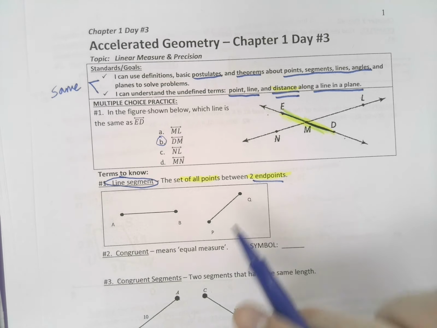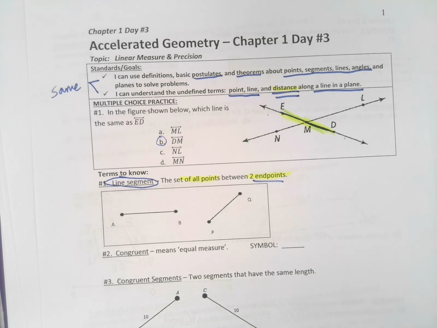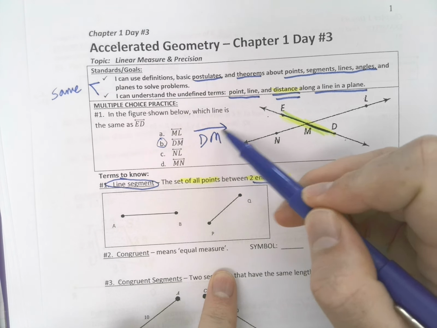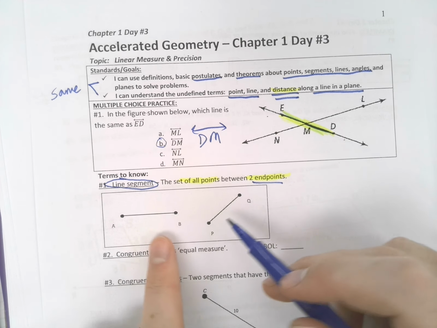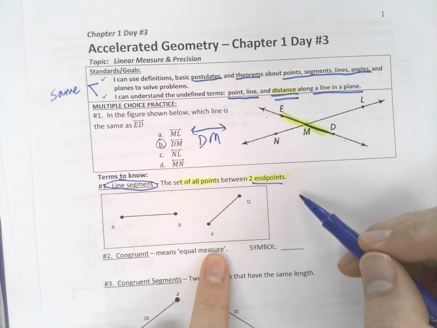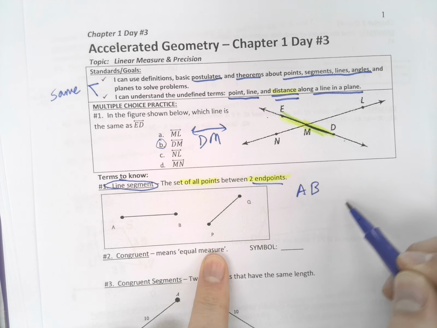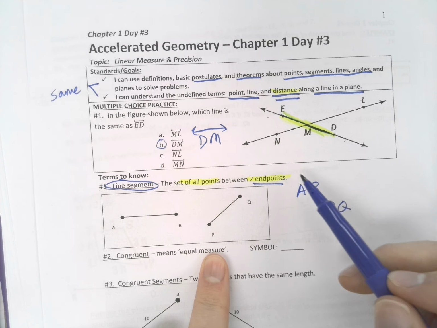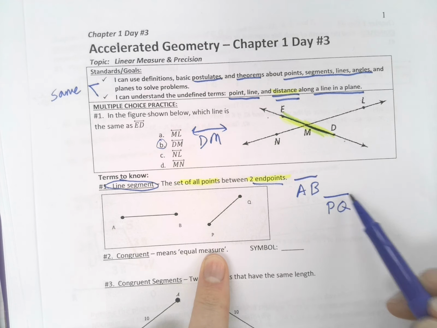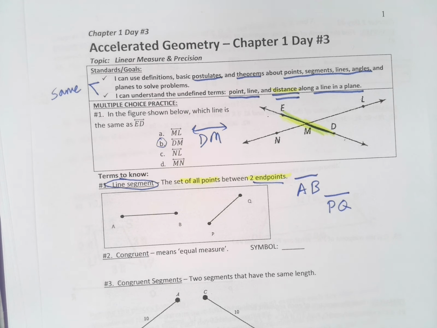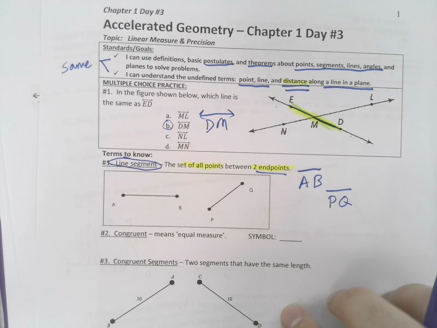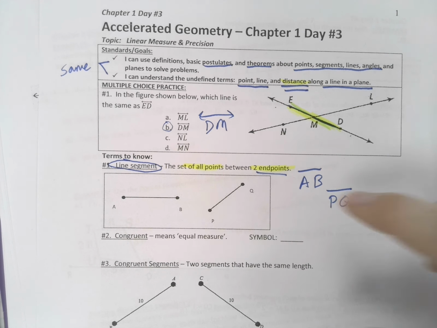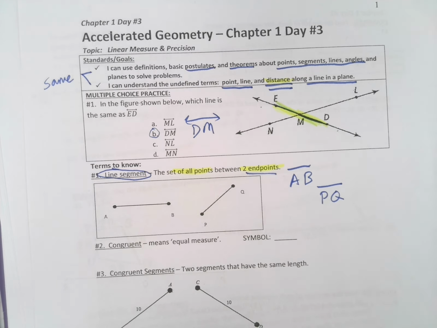And you can see 2 examples right here. And instead of doing like we did up here with DM with the arrows, we do things a little bit different with line segments. We have 2 here, AB and PQ. Instead of doing a line with arrows at the end, we can just draw a flat line, no arrows, because obviously arrows mean that something's going on forever, and these 2 segments aren't.